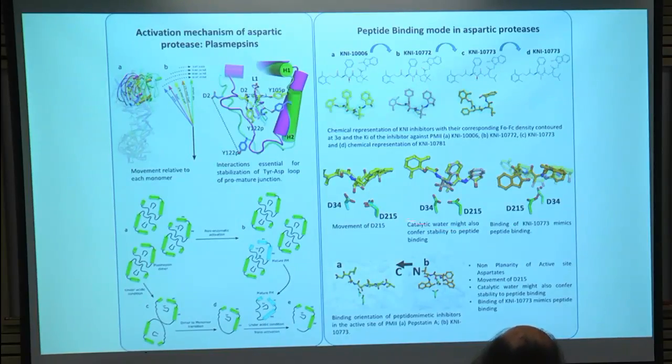Based on these results, we have tried to propose a few things which are quite unique to aspartic proteases and were not known, and I hope to discuss a few of these in the poster session tomorrow. Any questions, I would be happy to answer.